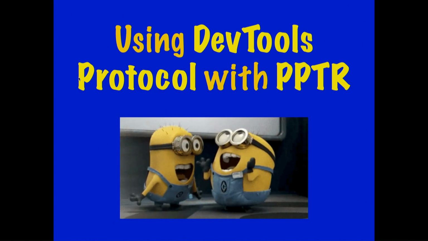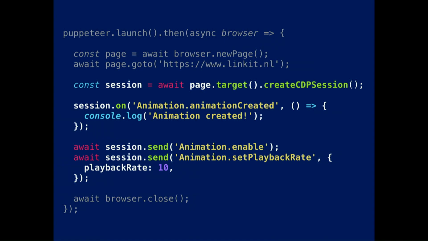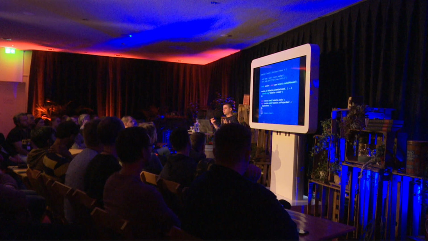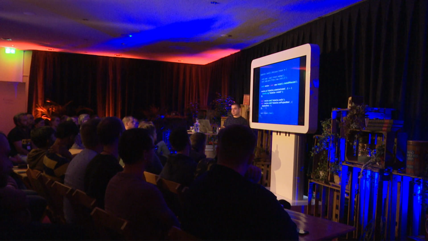Can we use DevTools protocol with Puppeteer? Yes. And it enables unlimited possibilities for us. How you use it: you create a Chrome DevTools protocol session. And over the session, you have 2 options. You can listen on events.